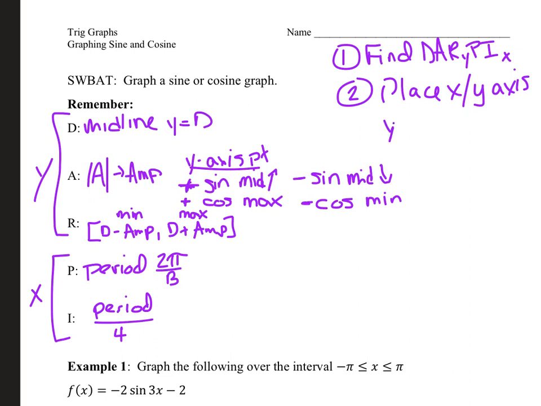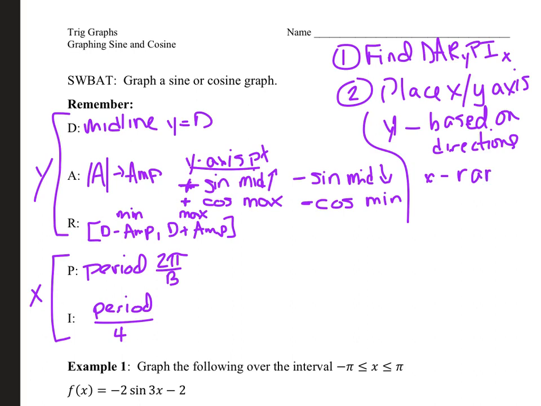Well, you place the y axis based on the directions. Then you place the x axis based on the max and the min, so based on the range. So you have to actually draw the x and y axis.